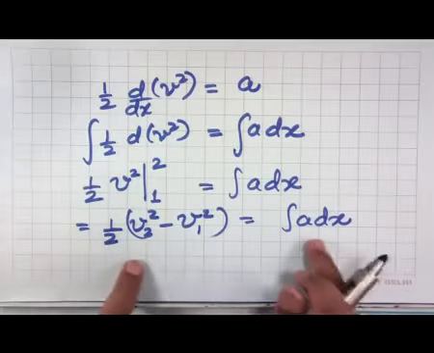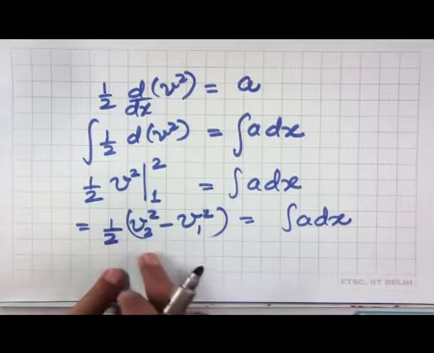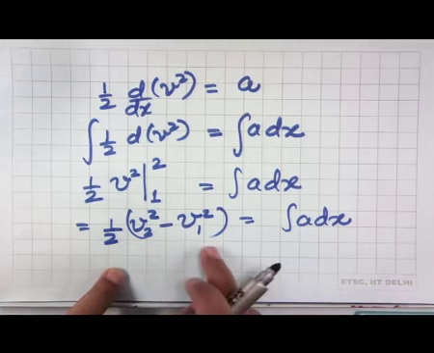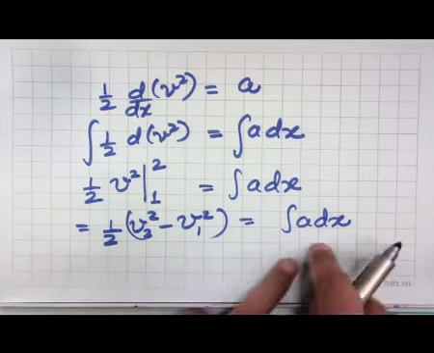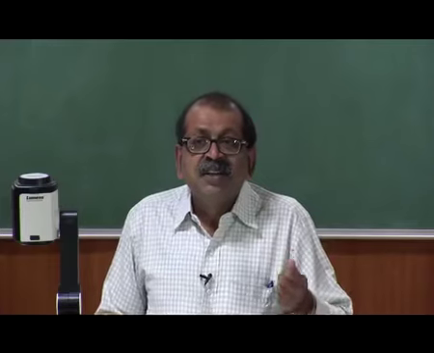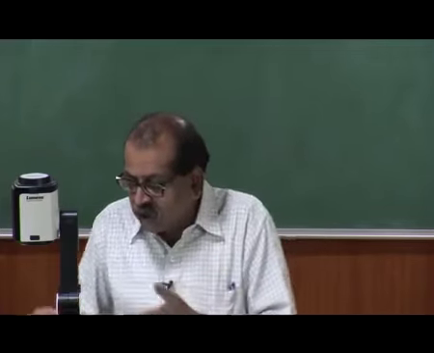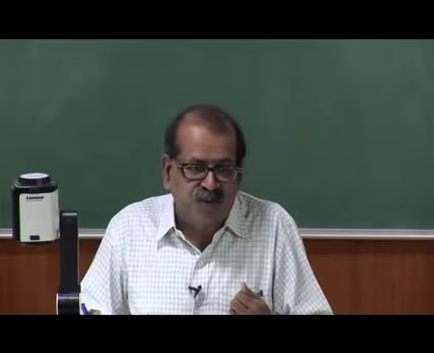But here if I multiply both sides by mass, then the left hand side becomes half m times v2 square minus v1 square, which is the change in kinetic energy. And if I multiply the right hand side by mass, it becomes m a dx. Ma, for those who have seen, comes in Newton's laws: the second law tells us it is equal to the sum of external forces.